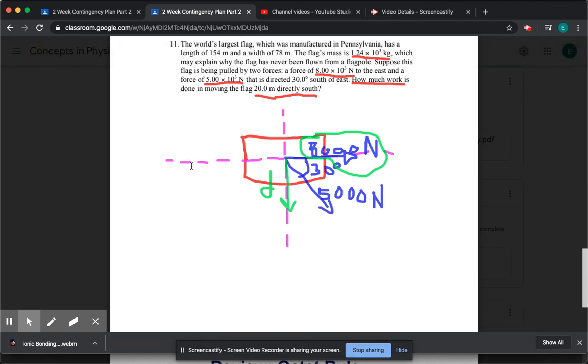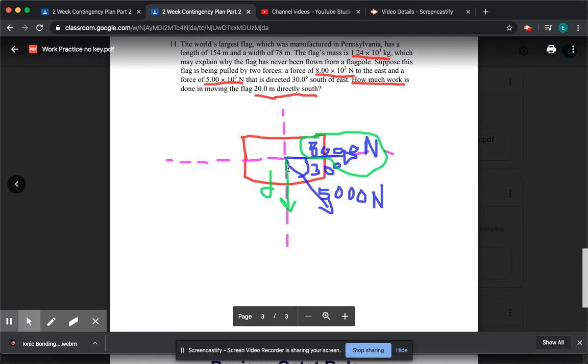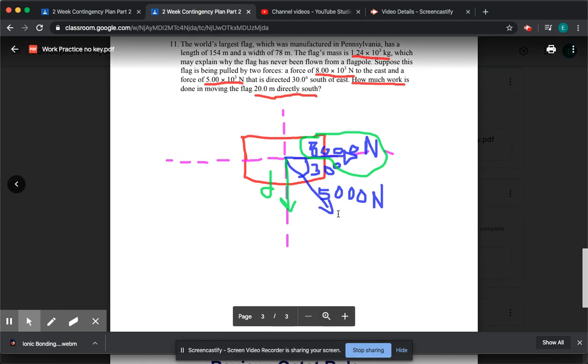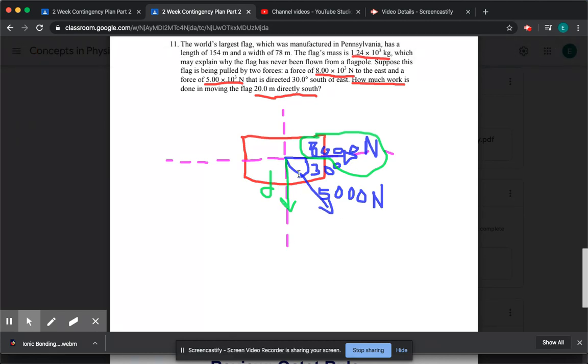The angle between them is 90 degrees, so cosine of 90 is 0, and you don't get any work from this force. So we can ignore the 8,000 completely. The only force we need to look at is the 5,000.